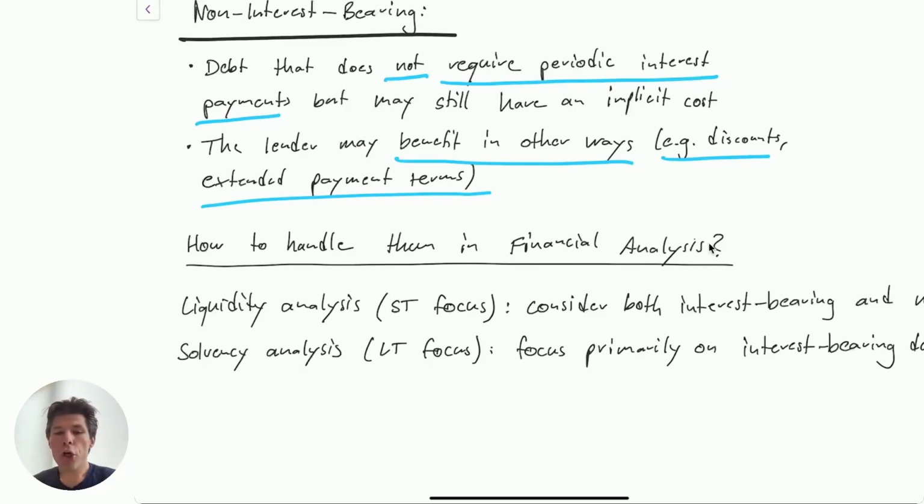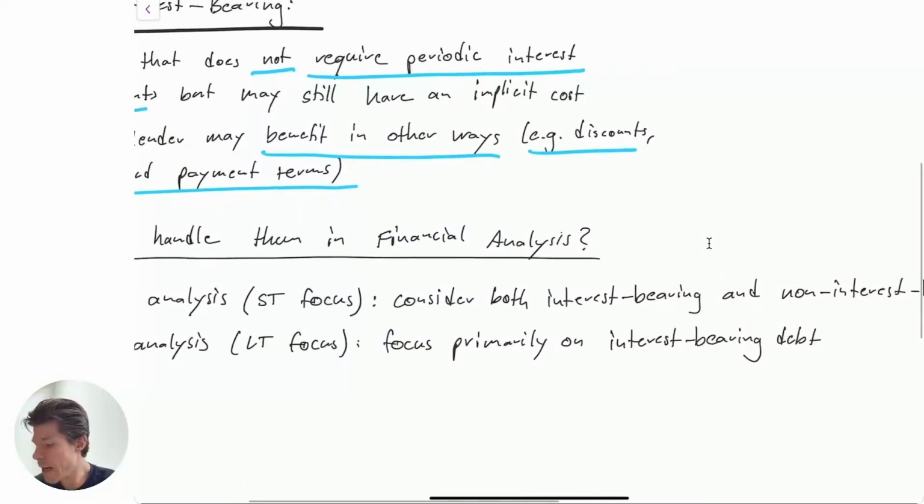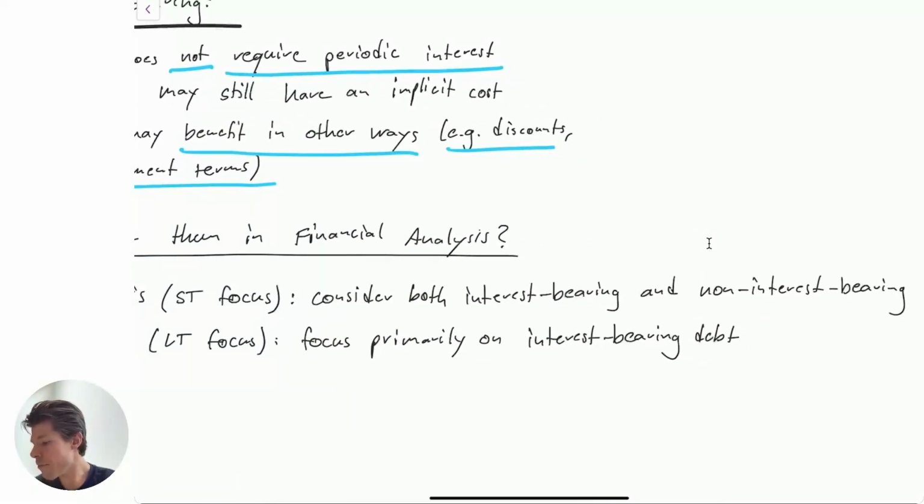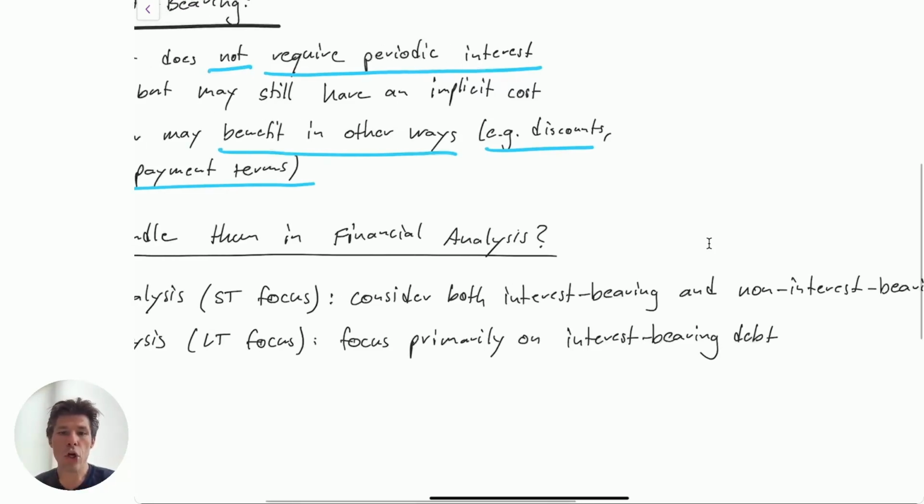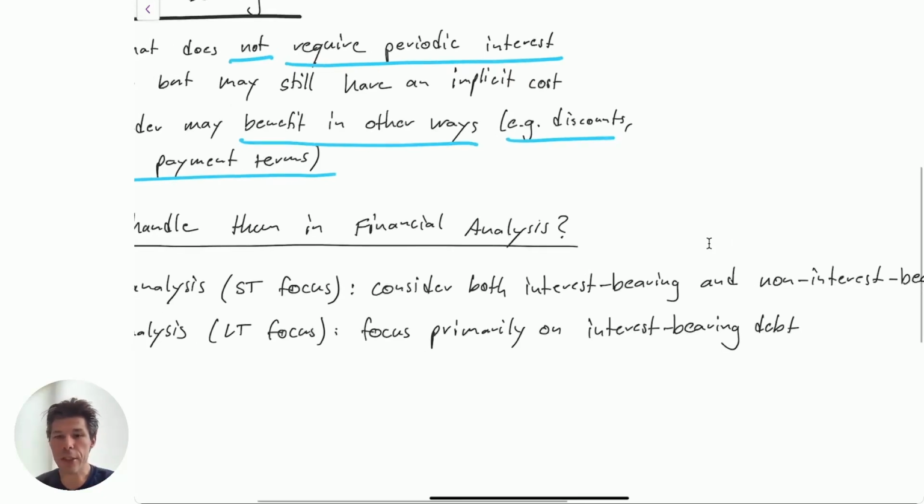When we look at long-term analysis, like solvency analysis, here I would say the primary focus should be interest-bearing debt, because here it's more about the ability to meet long-term financial obligations and avoid financial distress.